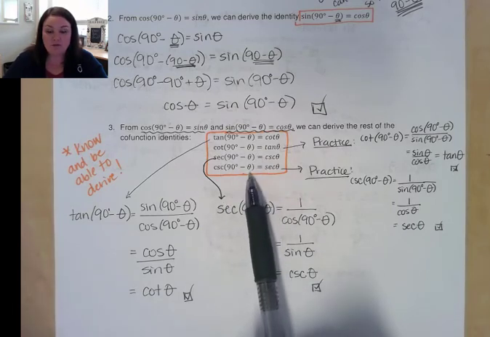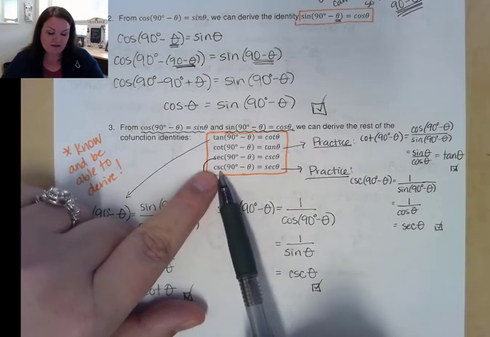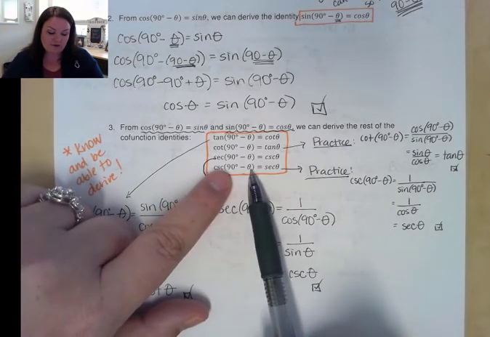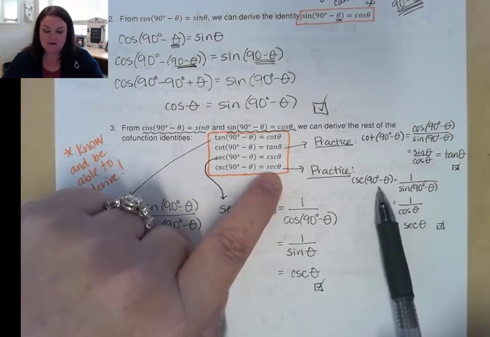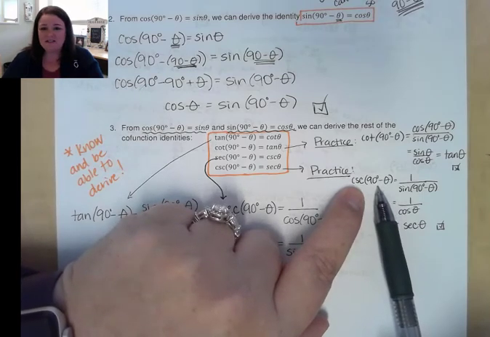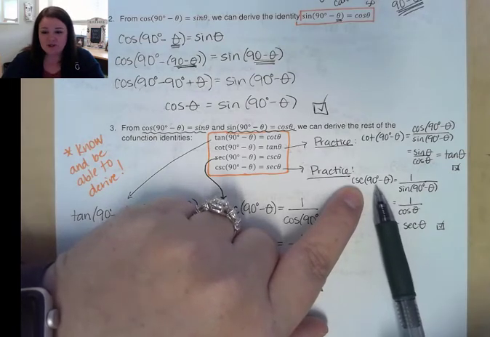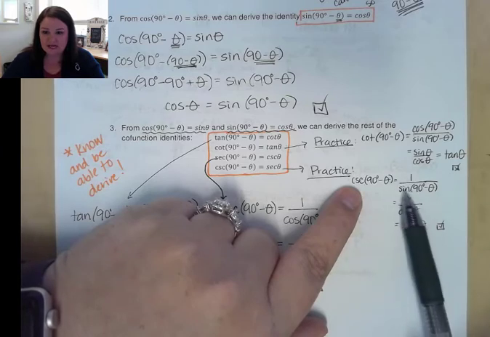So that's all we had to do to prove that second cofunction identity. Now we want to look at the fourth cofunction identity: proving that cosecant of 90 degrees minus theta is equal to secant theta. So I'm going to start with cosecant. Now I don't have an identity to change this into something with cosecant, right? But I do know that cosecant is the reciprocal identity of sine.